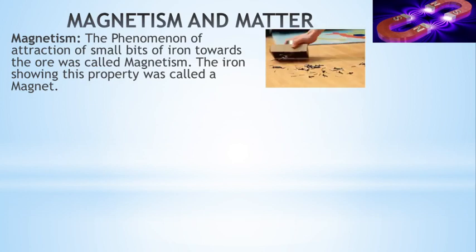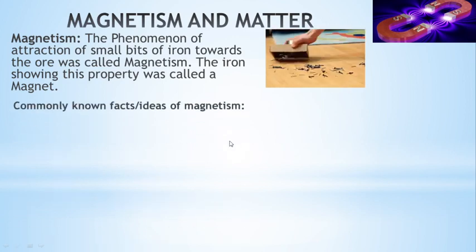And the material which is showing this property is called a magnet. Now you are observing in this picture, that some iron nails are being attracted by this material. Therefore, this is called a magnet.